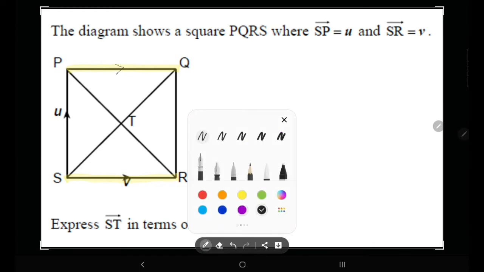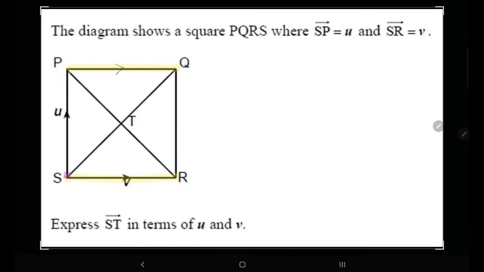Now, let's do the same thing for vector U. We have vector U goes from the bottom to the top of our shape. And we ask ourselves, are there any other lines in this shape that are really obviously also vector U? And you'll see on the other side, we have this vector RQ.